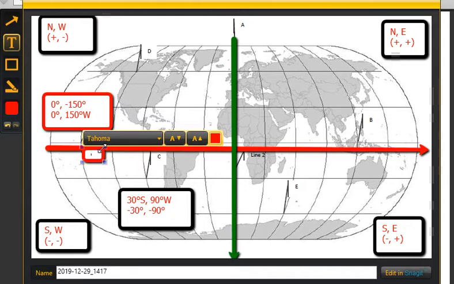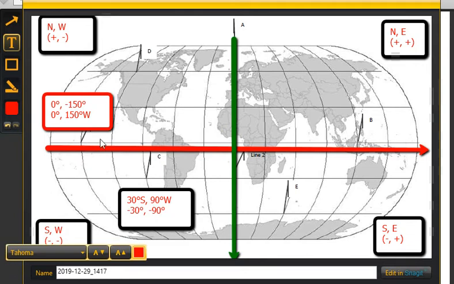Where is that not going away? Well, we'll just move my little funky drawing program out of the way. All right. So let's do E here. E again is in the southern hemisphere.